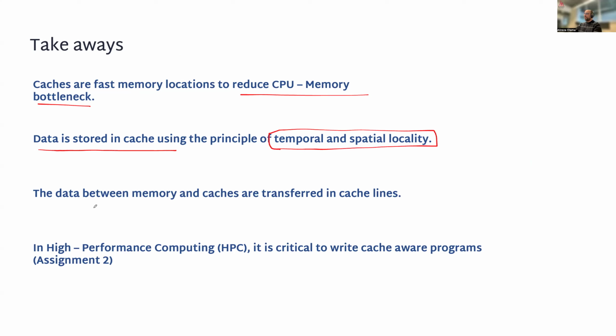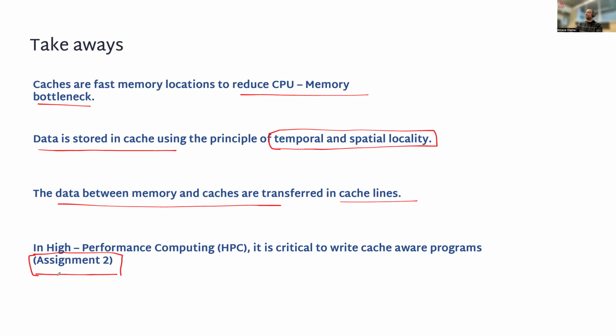It's also quite important to know that data between memory and caches is transferred in cache lines, not individual data items. Finally, in high-performance computing, it's quite important to write cache-aware programs. You will do it in your second homework assignment, when you improve the matrix multiplication from the first assignment using a cache optimization method.